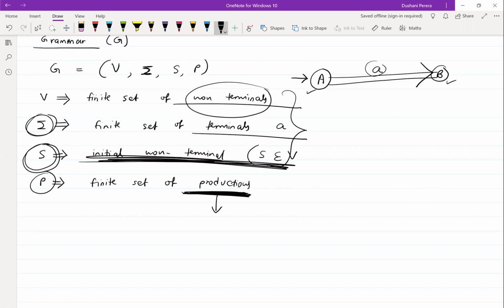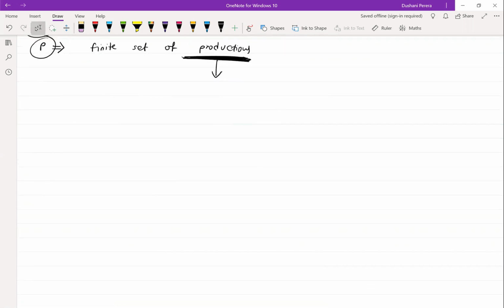Finally, we have P. P means production. So what does that mean? To talk about productions, let's take an example. Let's say we have a string W. We have a string W, which is UXV.